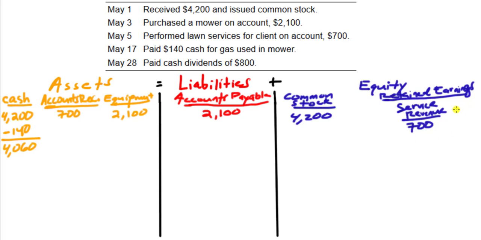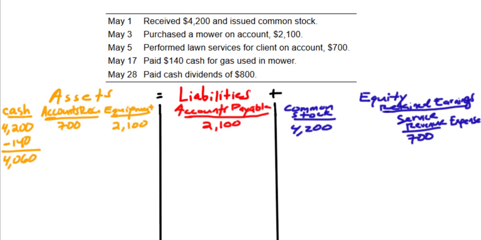I'm not going to put gas expense here, I'm just going to put the expense. Our expense account went up by $140. So it's going to be a negative 140, right? The reason being is because equity leaves. So this gets confusing.